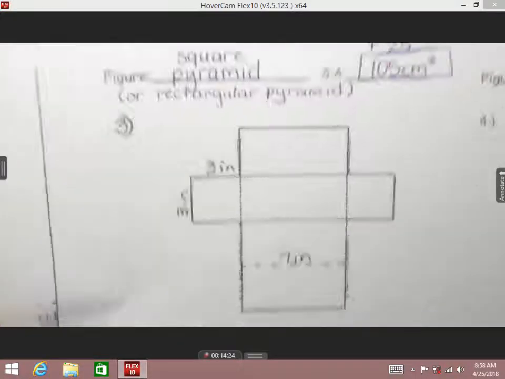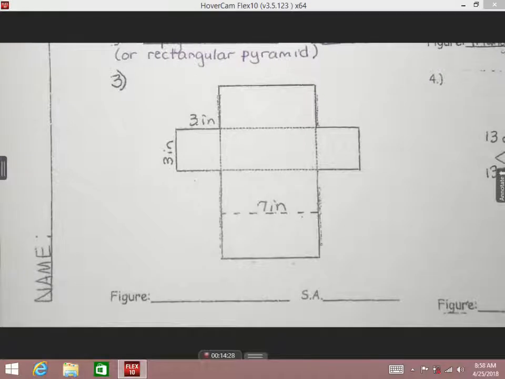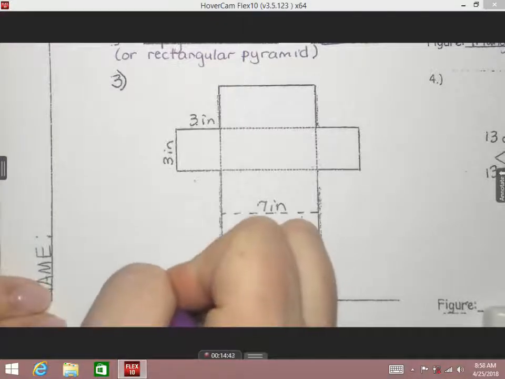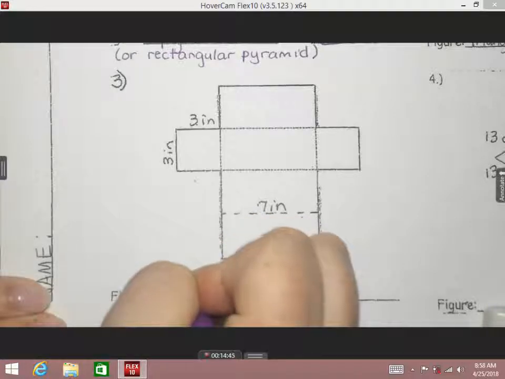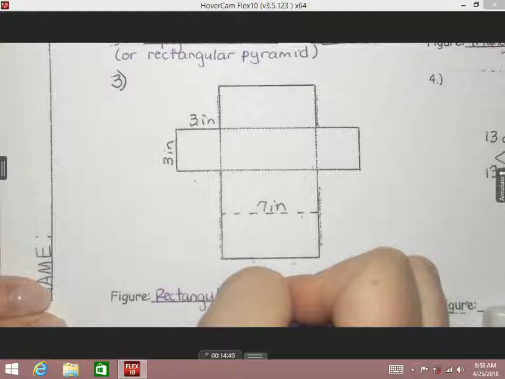Number 3. Are all of those shapes going to be the same? No. They're all types of rectangles, but they're not all going to match perfectly. Before I forget, let's name the figure. Who can name that figure for me? A rectangular prism.